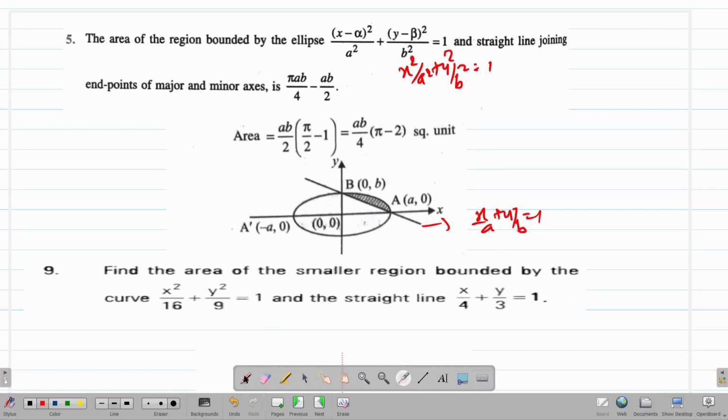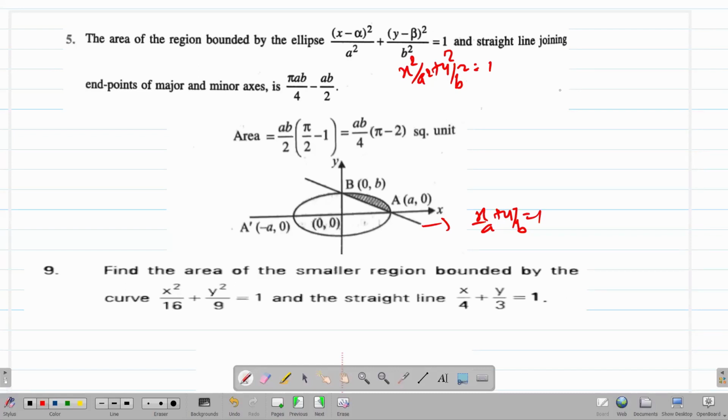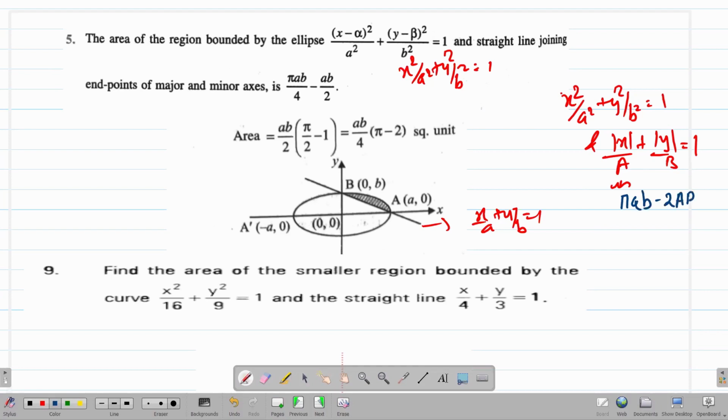As we derived, the area of the region bounded by the ellipse x square upon a square plus y square upon b square equal to 1, and mod of x upon capital A plus mod of y upon capital B equal to 1 is pi ab minus 2 times x-intercept into y-intercept.